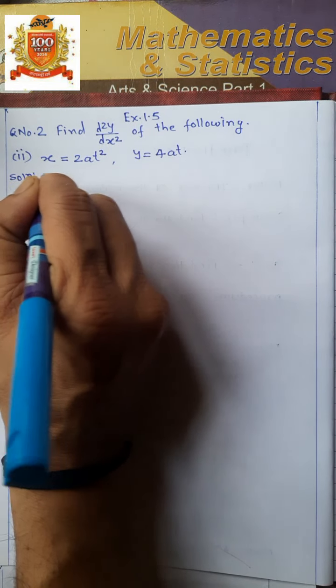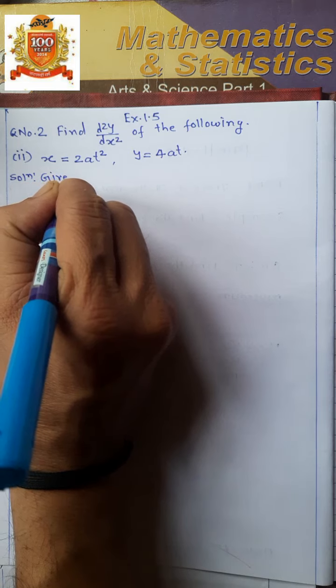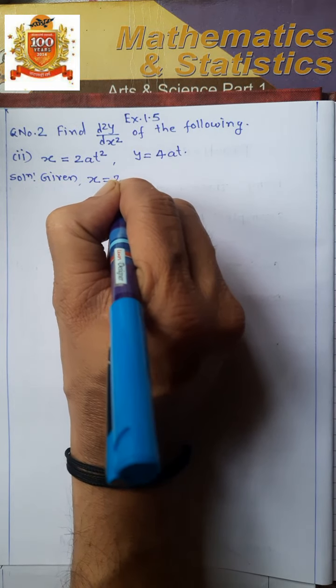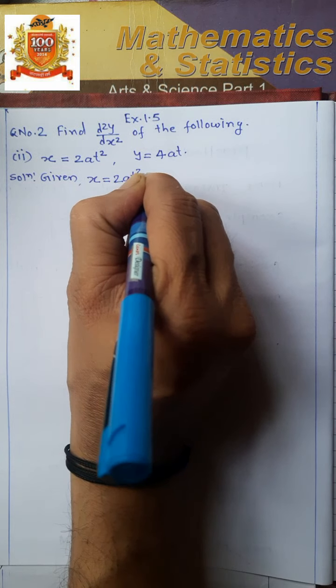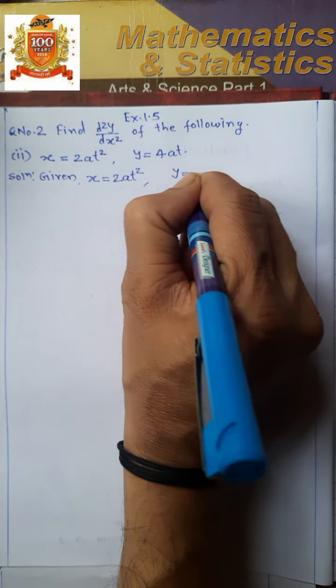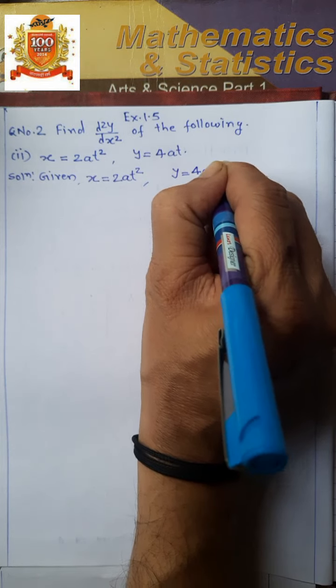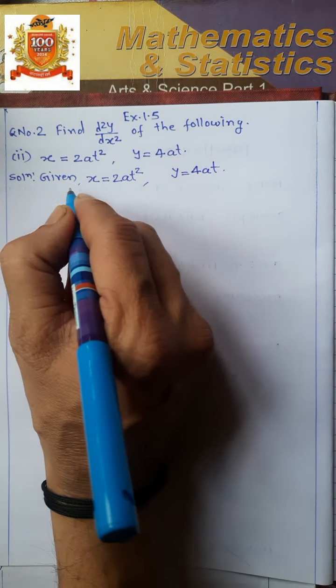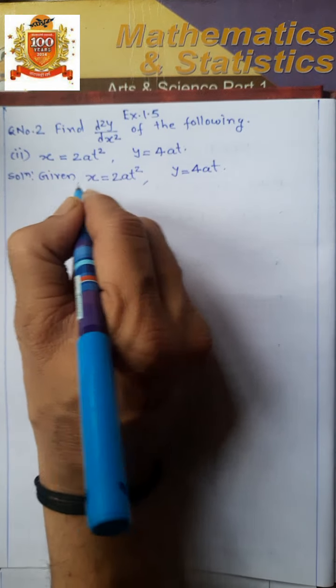Solution. First write down the given. x is equal to 2at square and y is equal to 4at. Differentiate with respect to t.